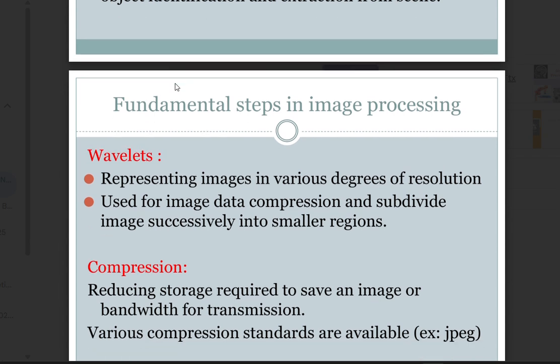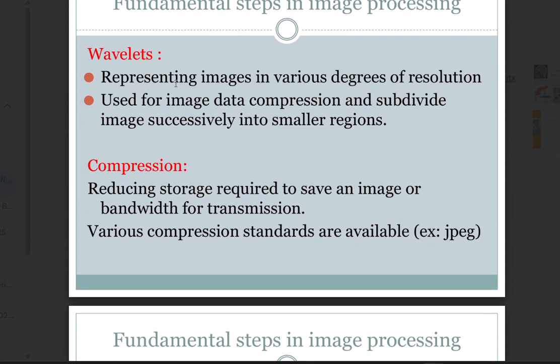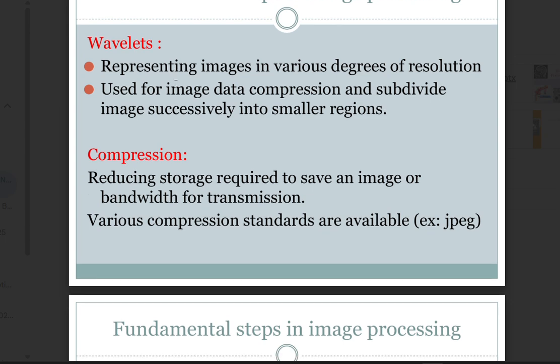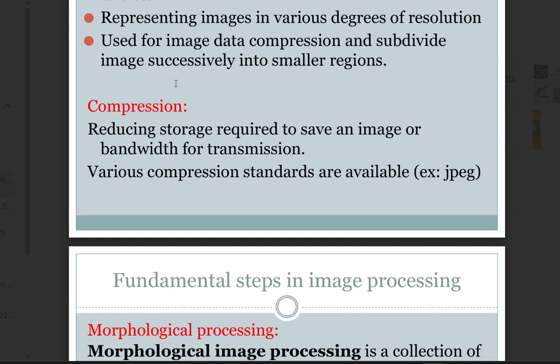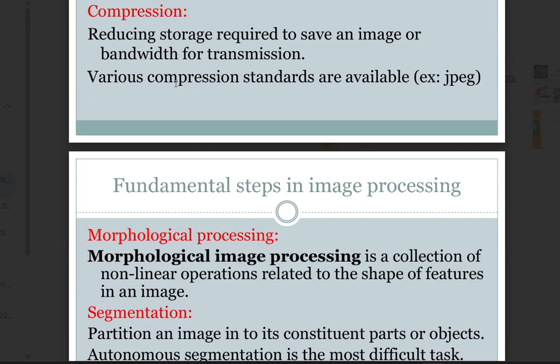The next step is compression. Reducing the storage required to save an image, or the bandwidth required for transmission, is done in the compression process. A compression standard example is JPEG, the Joint Photographic Experts Group.